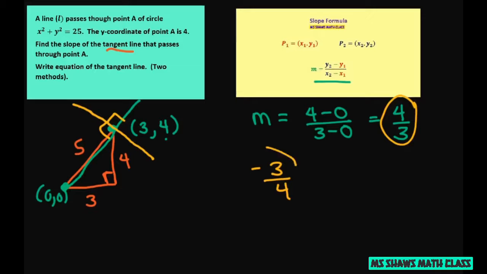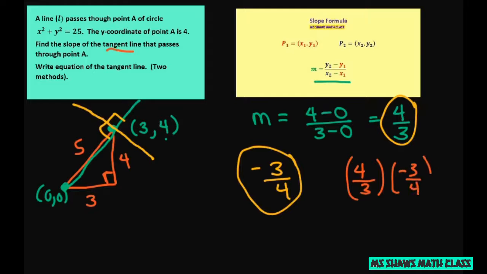So that's the slope of your tangent line. These two numbers, when you multiply, should give you negative 1. So when you multiply those across, you get negative 12 divided by 12, which equals negative 1. But this is the slope of the tangent line.